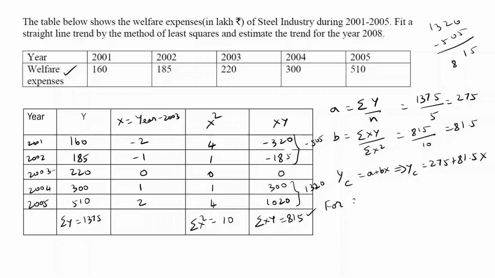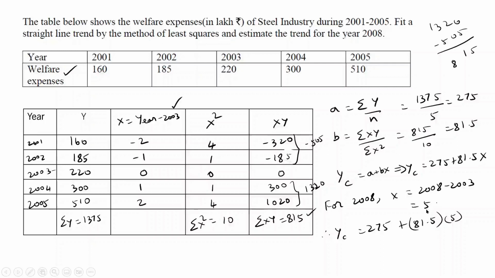Now we have to estimate the trend for 2008. So for 2008, first let us find the value of x. X is 2008 minus 2003, which is 5. Therefore, Yc will be 275 plus 81.5 into 5. In this x, let us substitute this 5 so that we can estimate the welfare expenses for 2008.